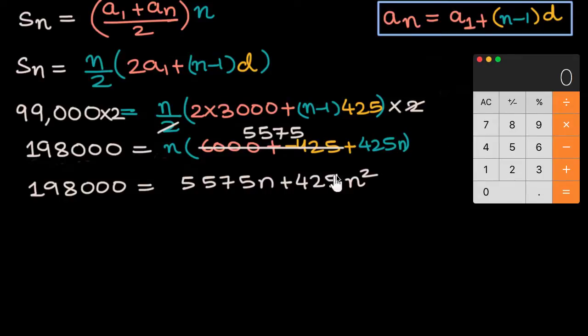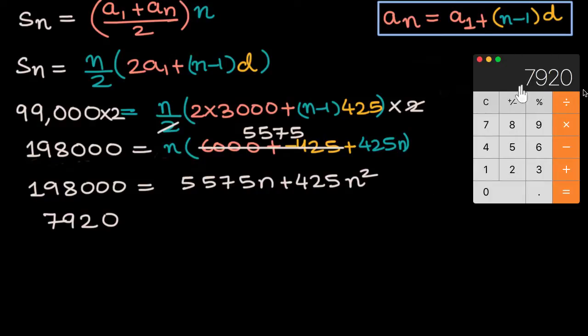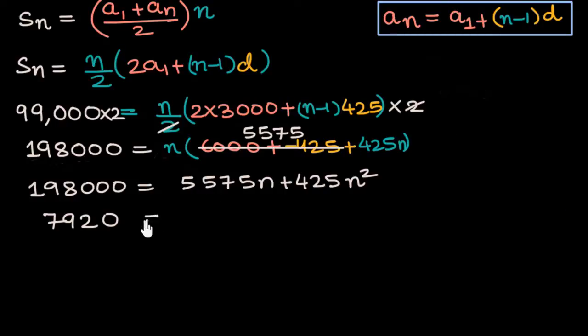Okay, so I think 25 would be a factor of all these three terms. So let's divide 1,98,000 by 25 and we get 7,920. Let me check that again. Okay, so 7,920, and on dividing 5,575 by 25, we'll get 223.